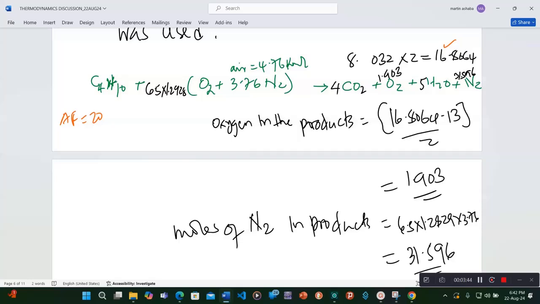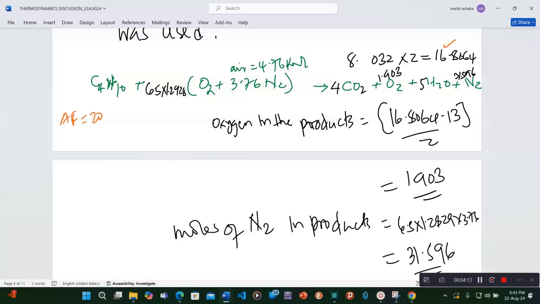So when it is 13, what we shall get is going to be 3.806. Now that value, we are going to divide it by 2 so that we get a value that we can put here that will balance the oxygen. So when we divide it by 2, because of these 2 atoms of oxygen, we'll have 1.903, and that will be the number of moles of excess oxygen available in the byproducts.